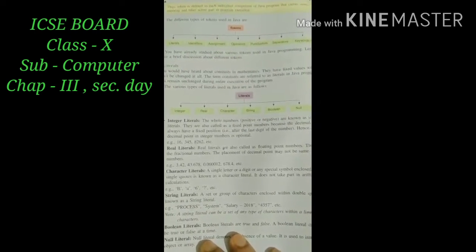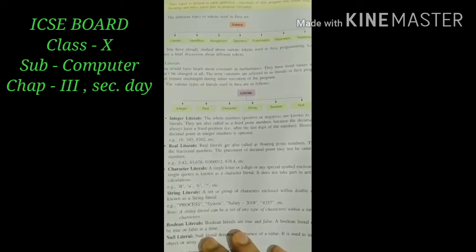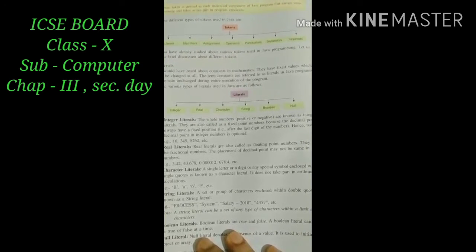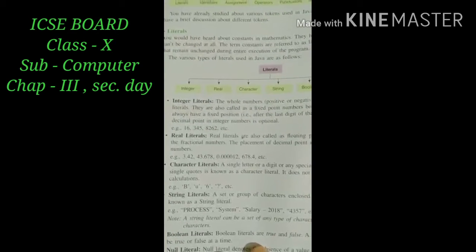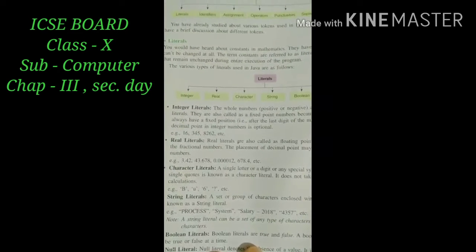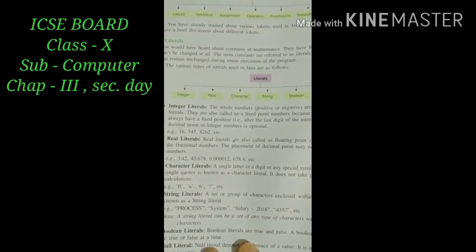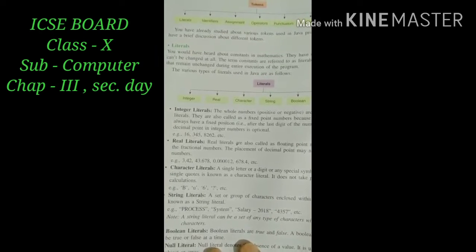Real literals: real numbers are numbers with a decimal point. They are also called floating point numbers, with a decimal point. 3.42 and 43.678 are examples of real literals.